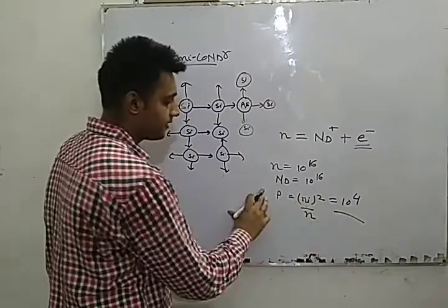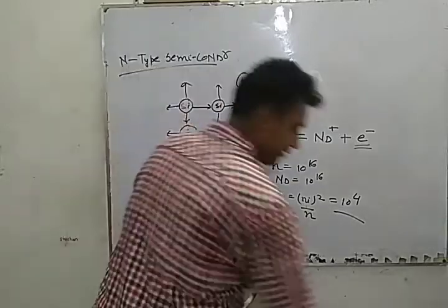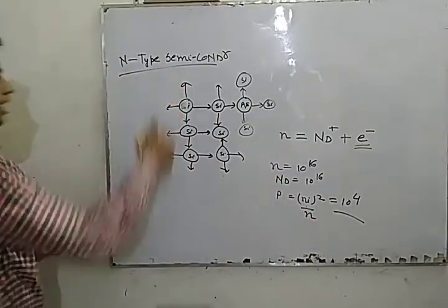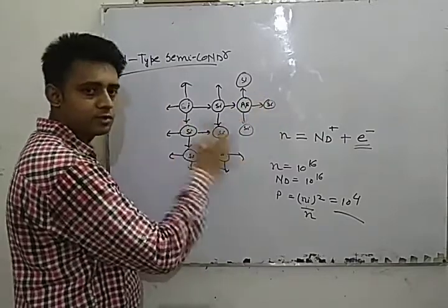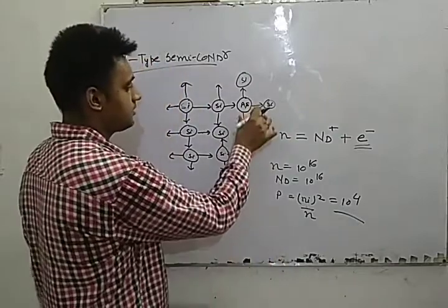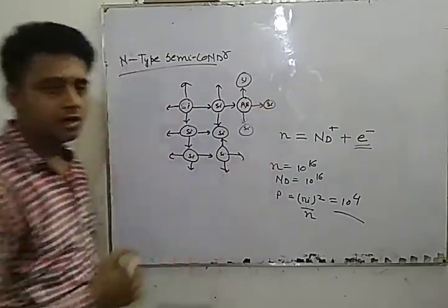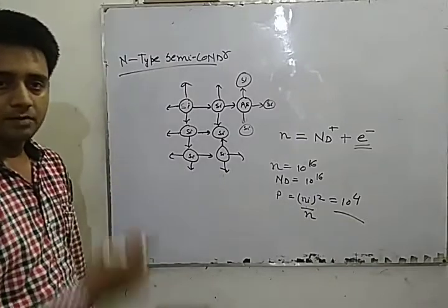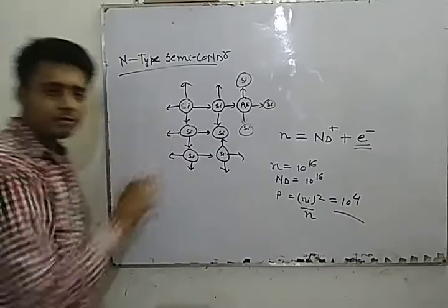If the value of N increases, obviously the value of P decreases. Another thing is that all the elements used in doping that belong to the nitrogen family, like nitrogen, phosphorus, arsenic, are responsible for the n-type semiconductor.